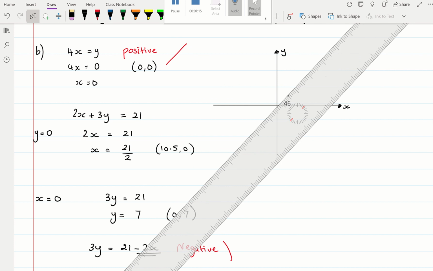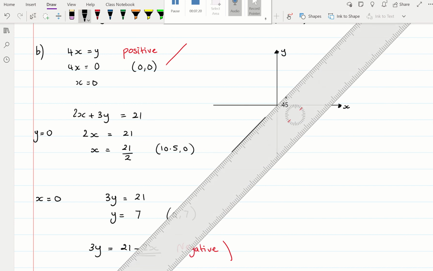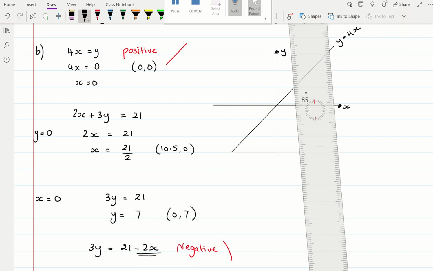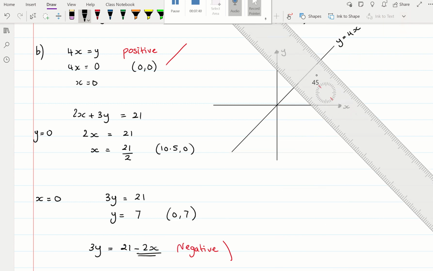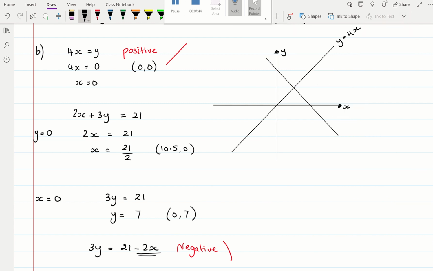This line goes through, so that's y equals 4x, and the other one is going to go through 0, 7, okay, so there we are. So that's the line 3y equals 21 minus 2x.